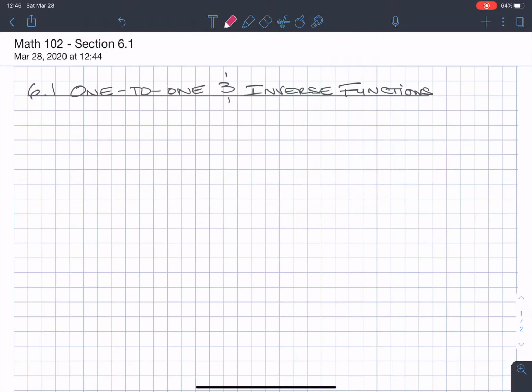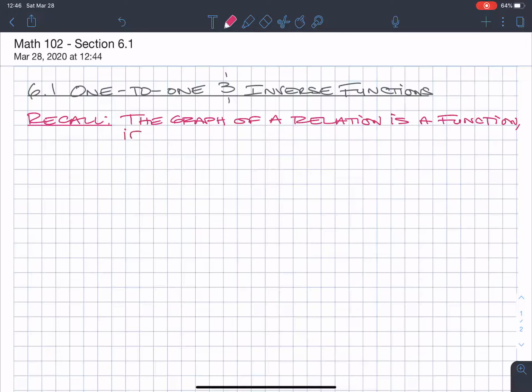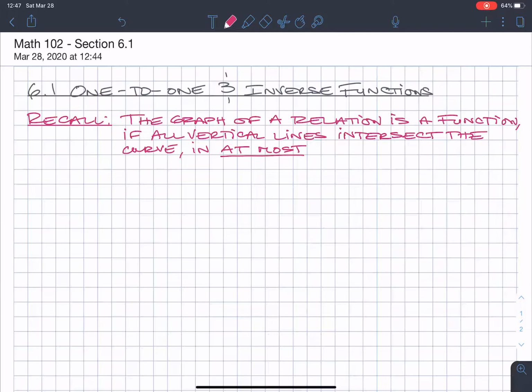Okay, so let's recall. The graph of a relation is a function if all vertical lines intersect the curve in at most one point.